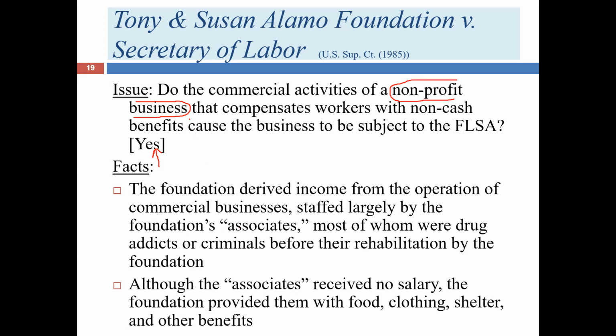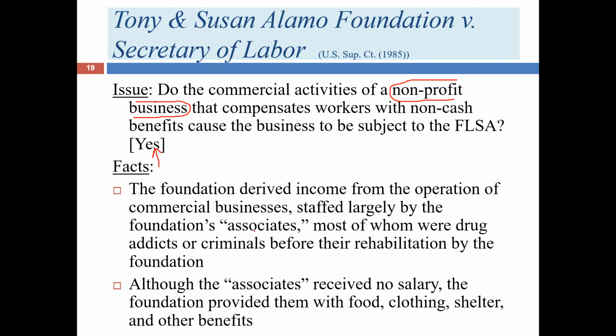But in this case, for this foundation, it didn't mean employees. These associates were kind of the clients of this foundation. They were individuals who had come to this foundation seeking help because they were in a crisis situation. Many of them had substance abuse issues or they had a criminal background.